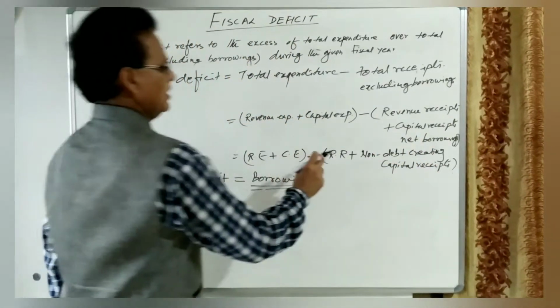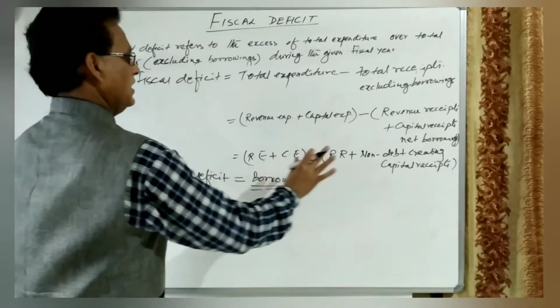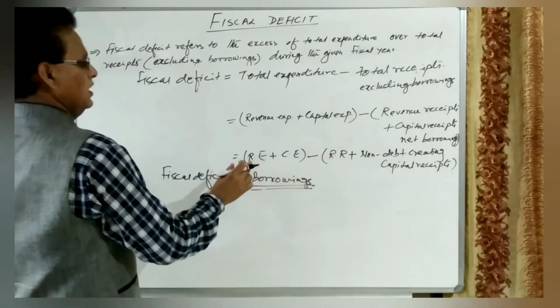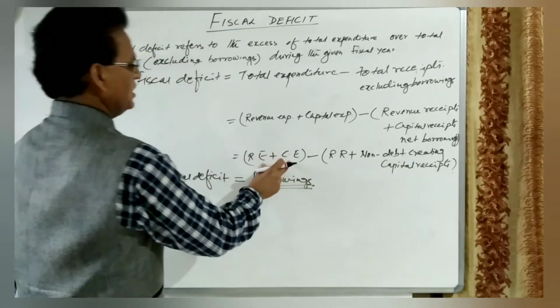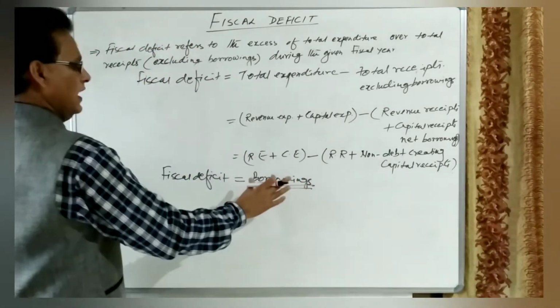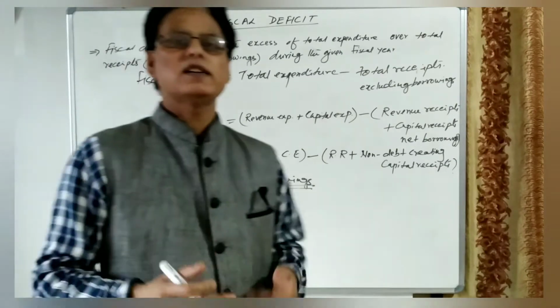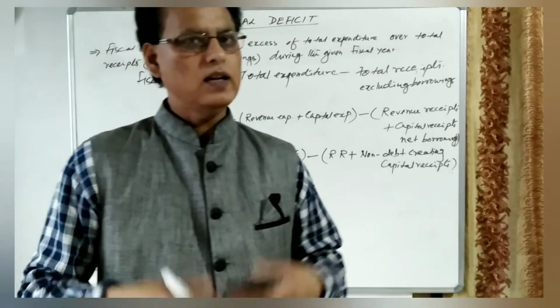If we add revenue receipt and non-debt creating capital receipts, and subtract this from revenue expenditure and capital expenditure, the total amount we get is equal to borrowings. So fiscal deficit represents the borrowing requirements of the government.